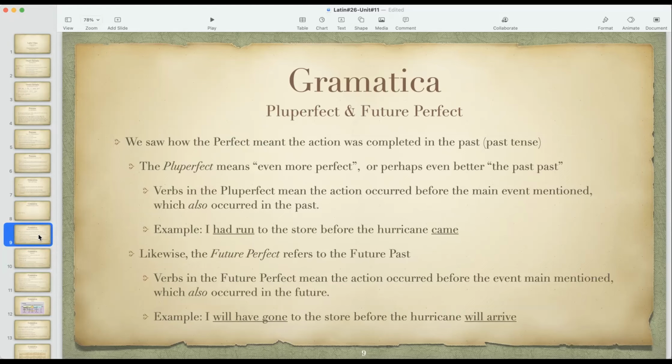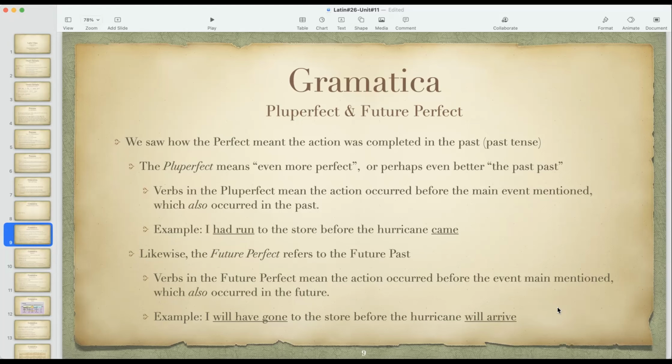Before the hurricane arrives, English being the wonderful language, having developed from Norman conquerors making passes at Saxon barmaids. If I were to say, what is the future tense of arrive, you would say will arrive. That's why I stuck it in there.